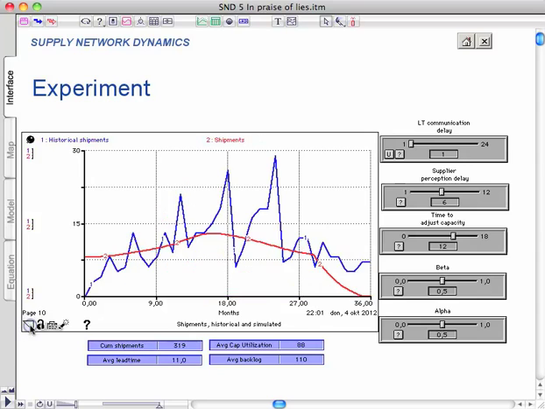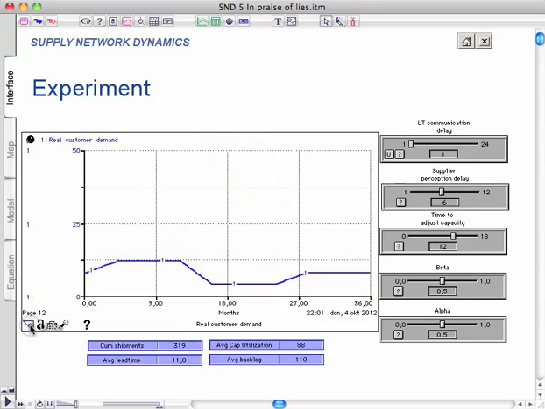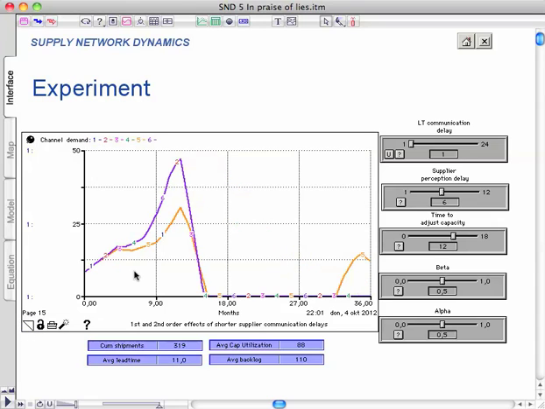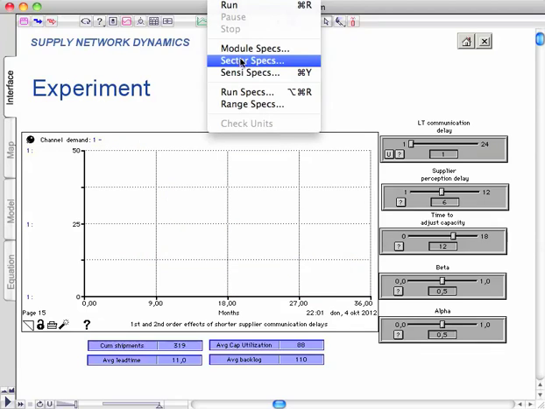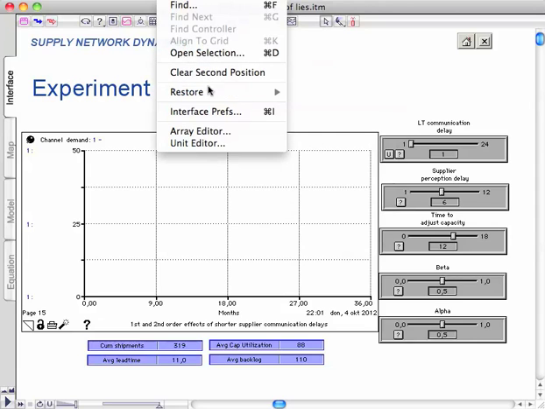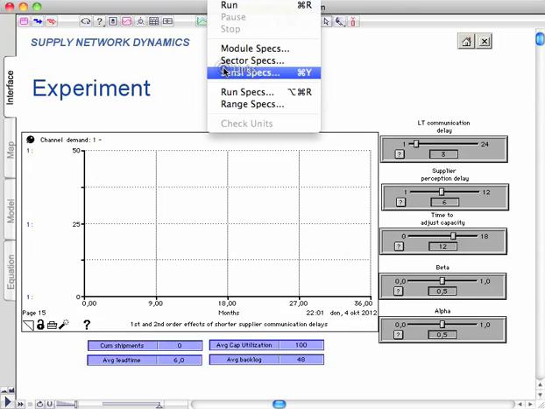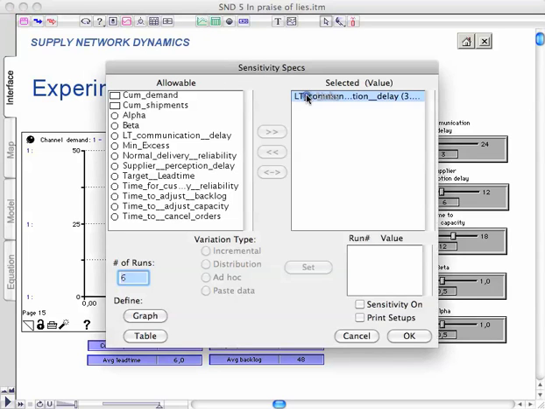To show the extent to which this is the case, I can set up a little, perhaps, let's see, where are we? Why don't I do the actual channel demand here? I clean it up, and I can run just for all devices, and I can do a sensitivity analysis of the lead time communication delay here.